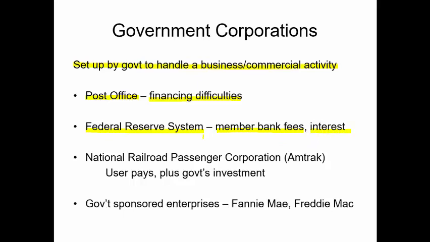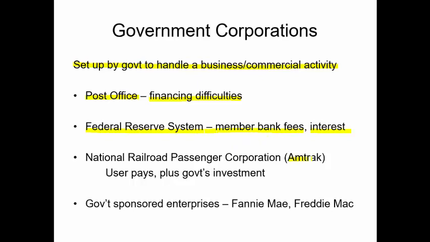So the Federal Reserve finances itself, and as well as they take the money that the Treasury prints and use that money to feed the monetary system. The Federal Reserve actually gives quite a bit of money back to the Treasury as a result of what they can make on their interest and member bank fees.